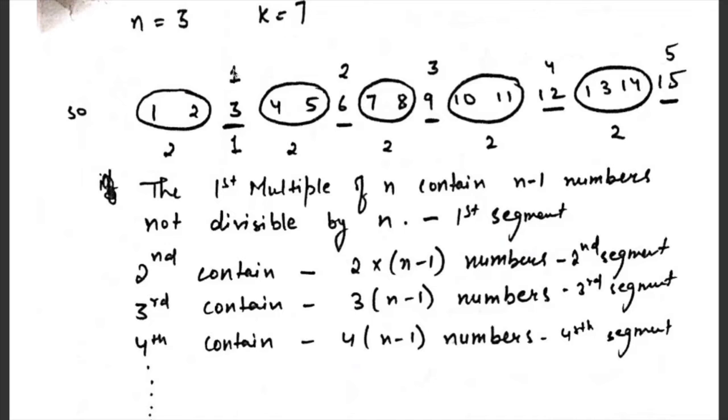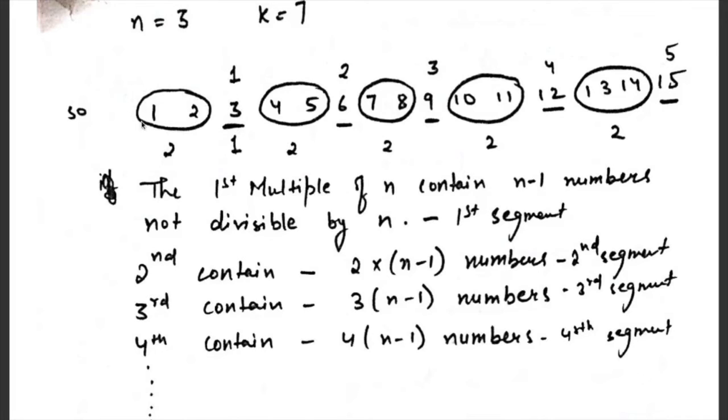But due to our condition that we cannot choose numbers which are multiples of 3, the position of the seventh element according to this question has shifted. So let's see how this shift occurs. Before our first multiple, that is 3, there is no shifting.